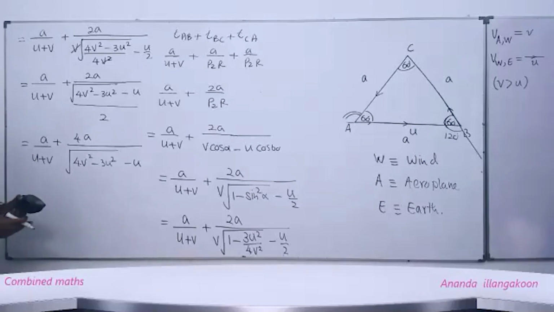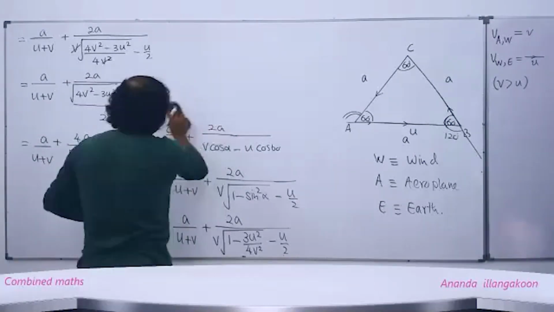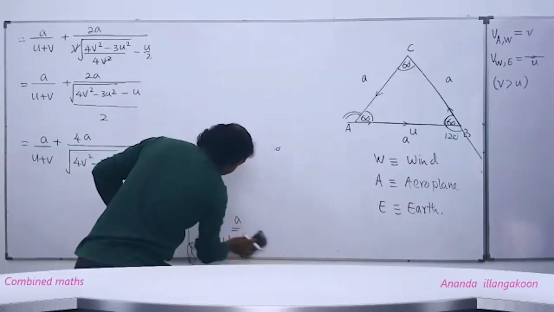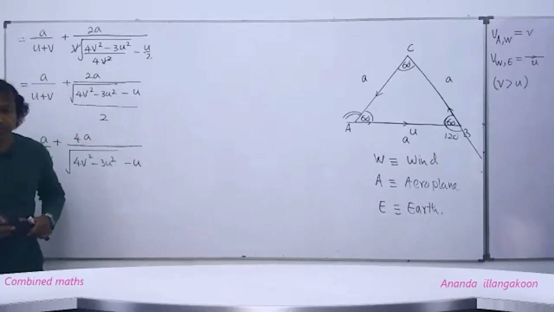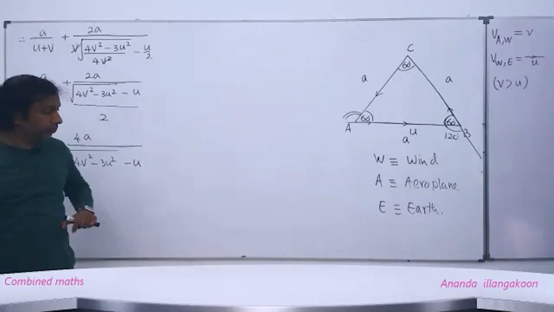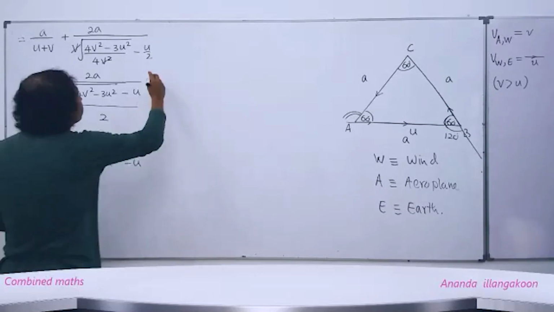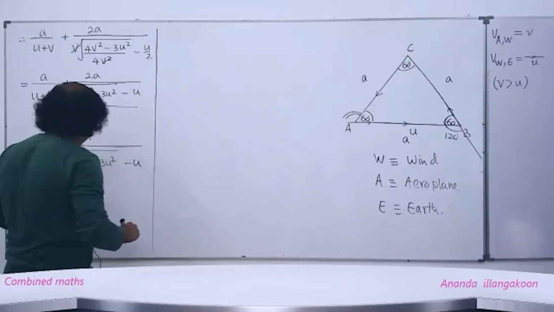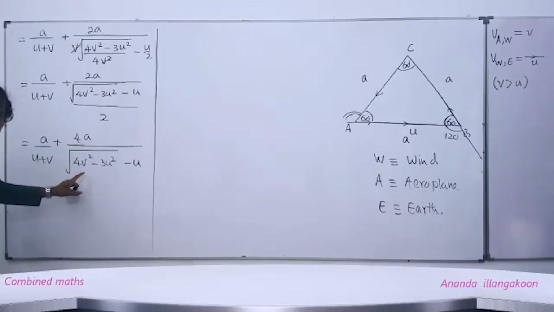But this is not the answer being asked. The answer will be different from this. And then what I do is this: I'm going to multiply the numerator and denominator by the conjugate of this denominator.